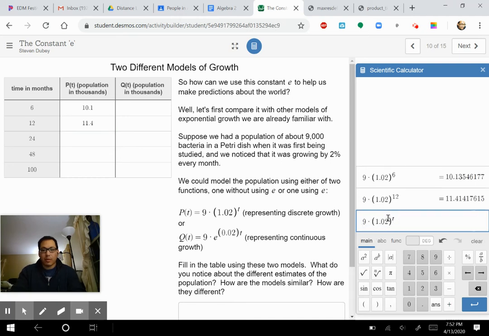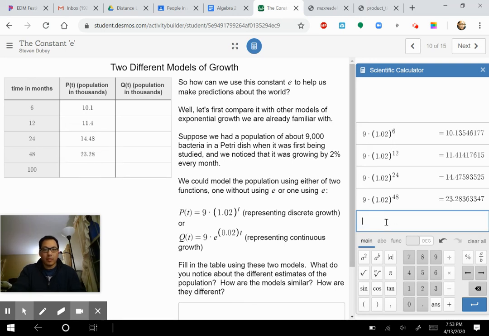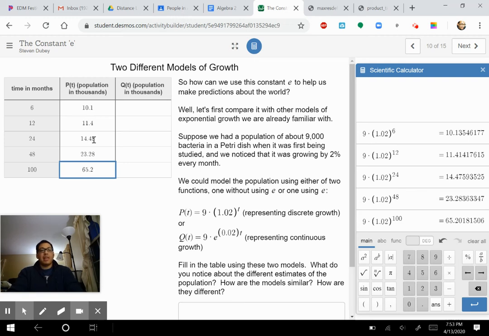How about after, I know I've got so many tables in this lesson, I'm sorry, 24 months, growing 2% each month, 14.48. How about after 48 months? 23.28. And last but not least, after 100 months, 65.2. In thousands, 65,000. So, okay, that's our original model, right?